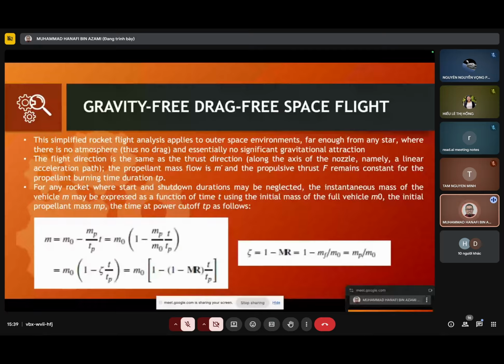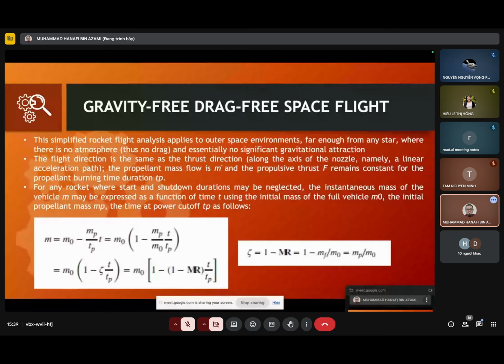Number four, we assume that the Earth's rotation has no impact on the motion of the projectile. So you know that the Earth is rotating, but to use the equation, we assume that the Earth rotation has no impact on the motion of the projectile. So those are the four assumptions that we make to simplify the flight analysis.